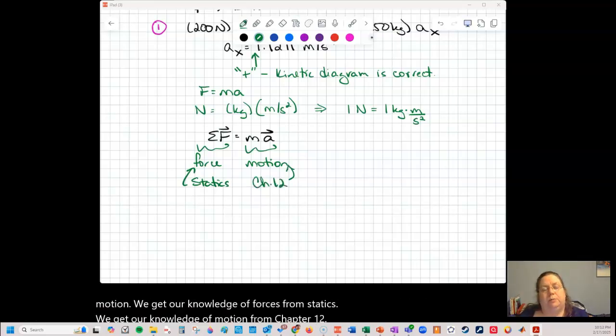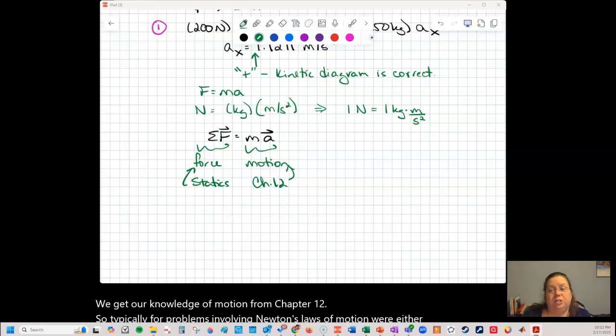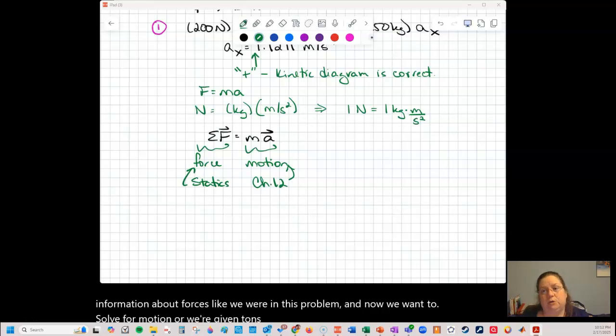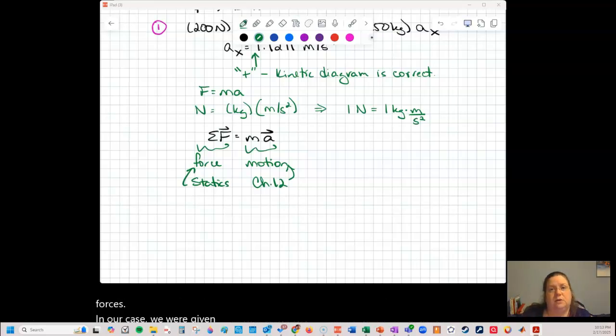So typically for problems involving Newton's laws of motion, we're either given a ton of information about forces, like we were in this problem, and now we want to solve for motion, or we're given tons of information about motion and we want to solve for forces.